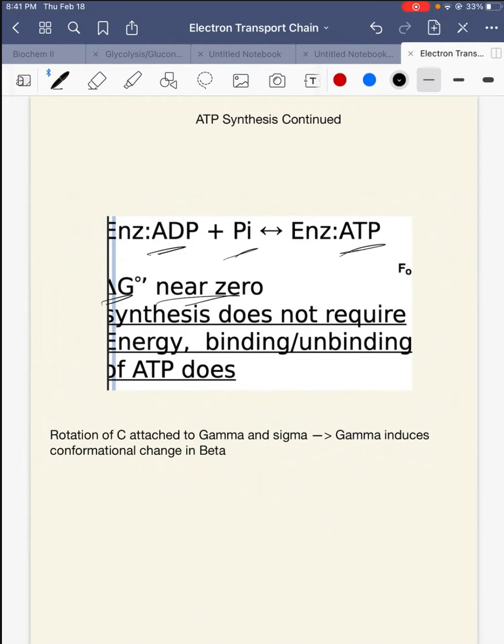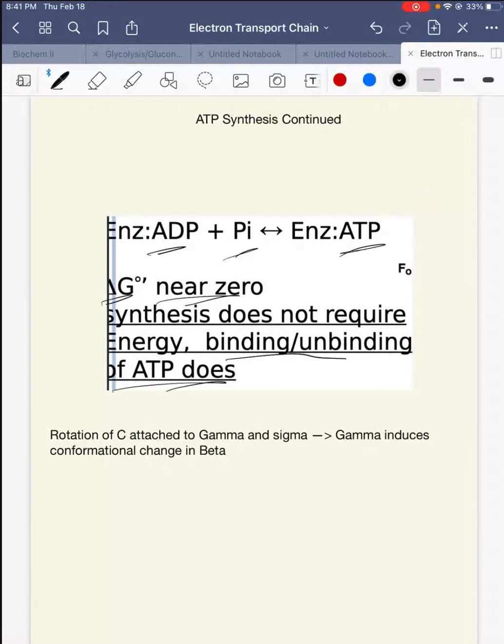Delta G is at equilibrium. What requires energy is the binding and release of ATP from the F1 complex. It's a very little difference, but it's important to know. The delta G for ATP synthesis is around zero, but we still require energy via the proton gradient.